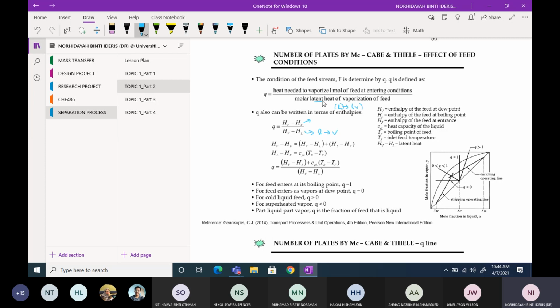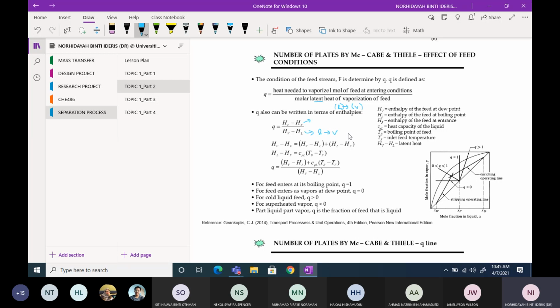This is what we call the latent heat of vaporization, represented by HV minus HL. So Q is the energy required for 1 mole of feed to change into vapor, over the energy required for 1 mole of feed to change from liquid to vapor phase.